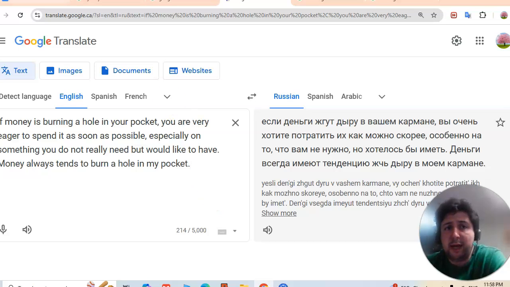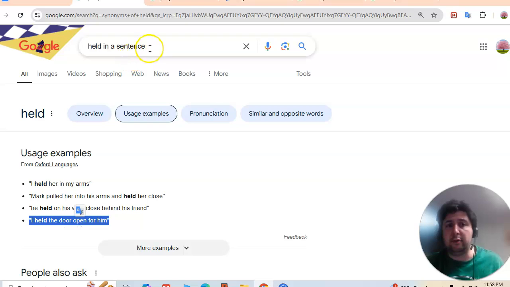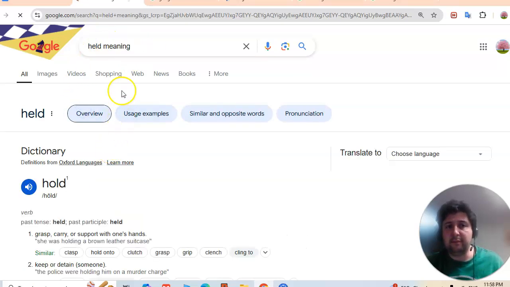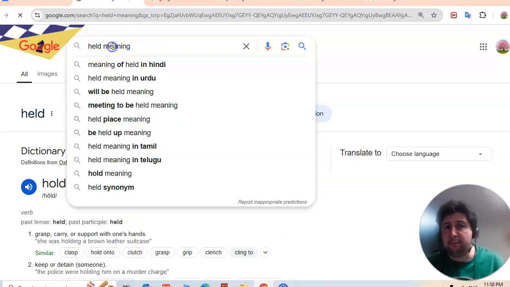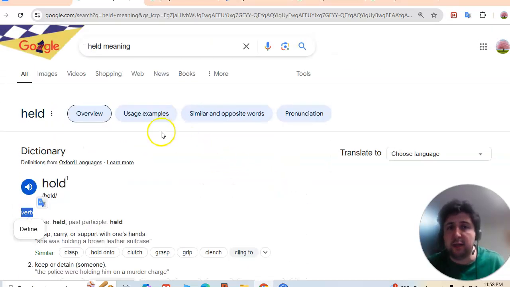So this is your basket of translation tools. You have Google, you have define or meaning. I guess meaning and define are the same thing. And then you identify it as verb, noun, or whatever. You have synonyms, usage examples, similar and opposite words.